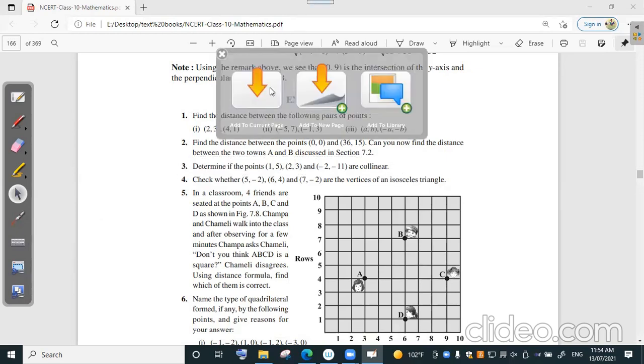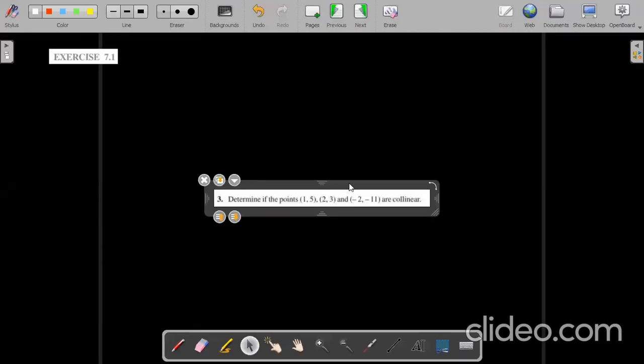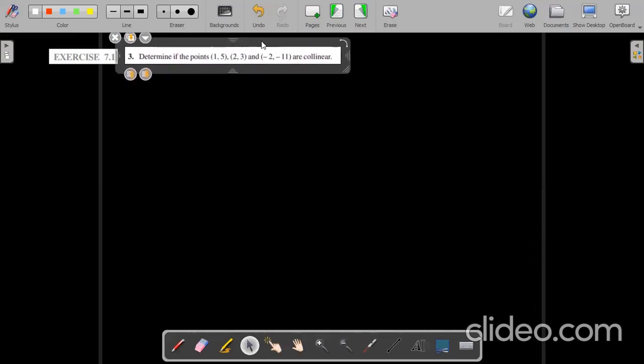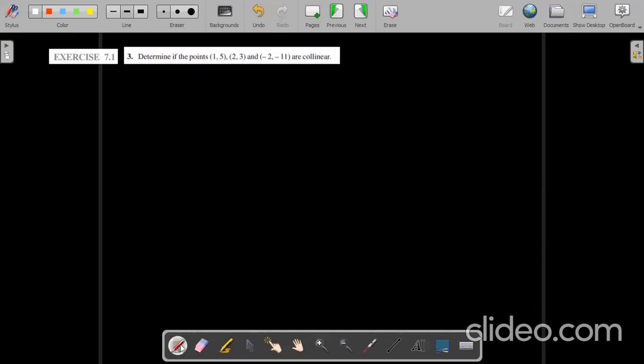The main thing, this is a very important question: we have to prove that the points are collinear, or not collinear, by using this distance formula. There are many ways, and you will also study other ways to find whether points are collinear. But what are collinear points? Collinear points are the points which lie on a line.